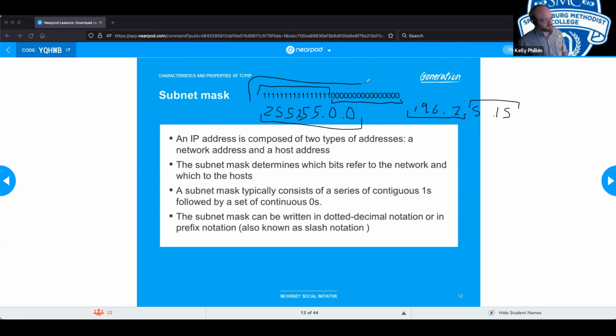Another way is using the ones and zeros like we did up here. And there's another which is called slash notation, which is at the end of an IP address. I would do /16 for this one, which basically means 16 bits equals that network address. But we'll revisit this in a couple slides.